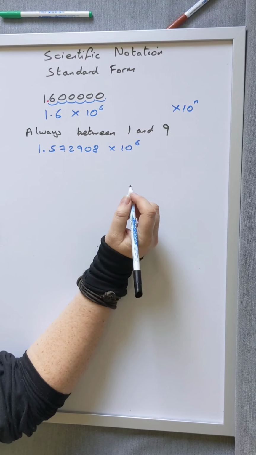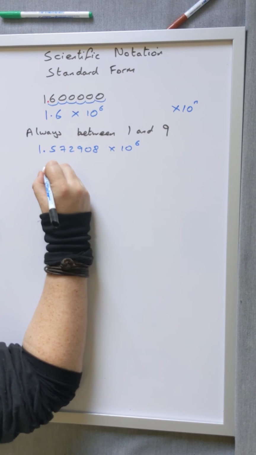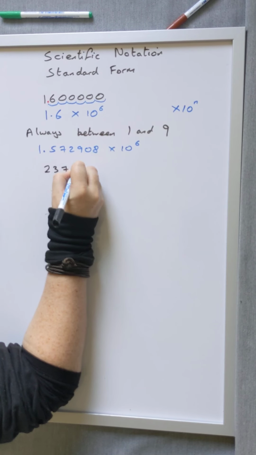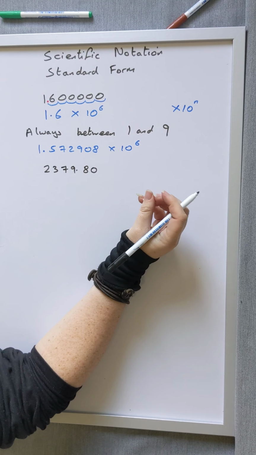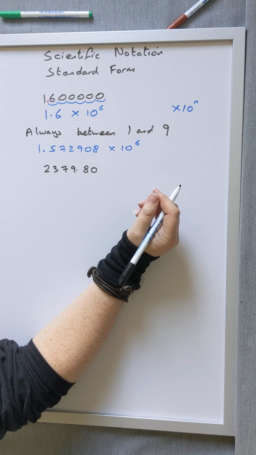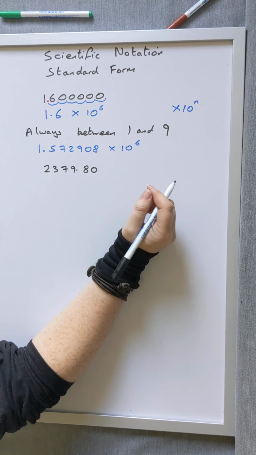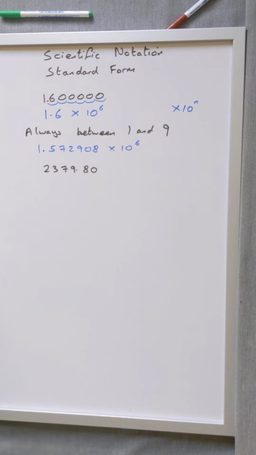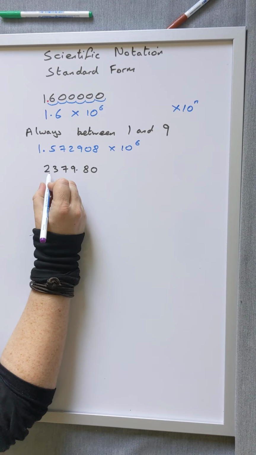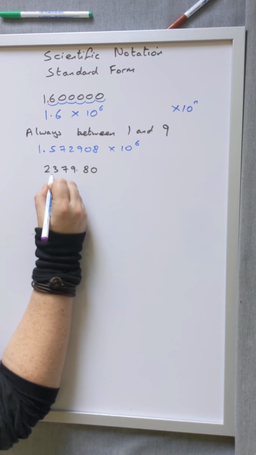So to give you another example, if we have 2379.80 and we're wanting to change that into scientific notation, we're going to need our point to be here.